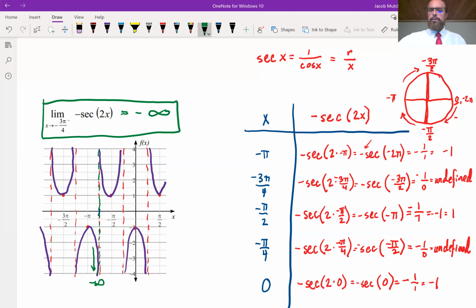The last thing for us to do is to record the equations of any asymptote. You'll notice here we've got an infinite number of asymptotes, so we've got to write the equations for them in such a way that we can catch them all. I'm going to start with this positive one at positive pi over 4.